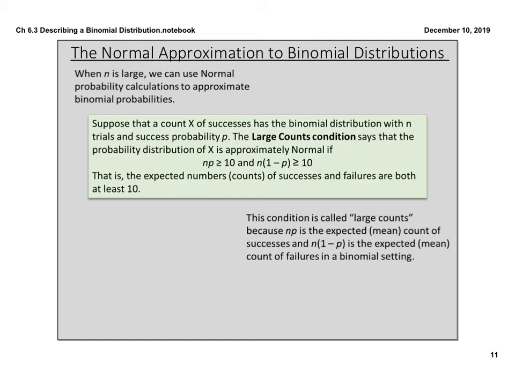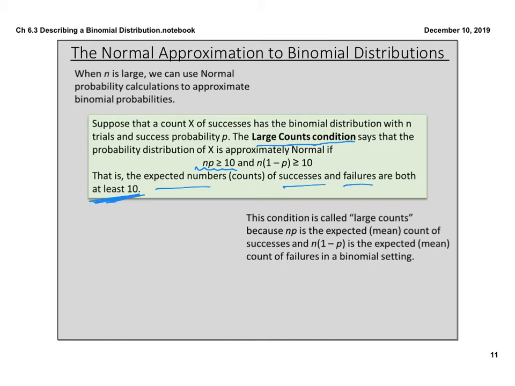The other one that we're going to check is the large counts condition. The large counts condition says that if your expected number of successes and failures are both at least 10, then you can call your distribution normal. The way you calculate that is you find the expected number of successes.